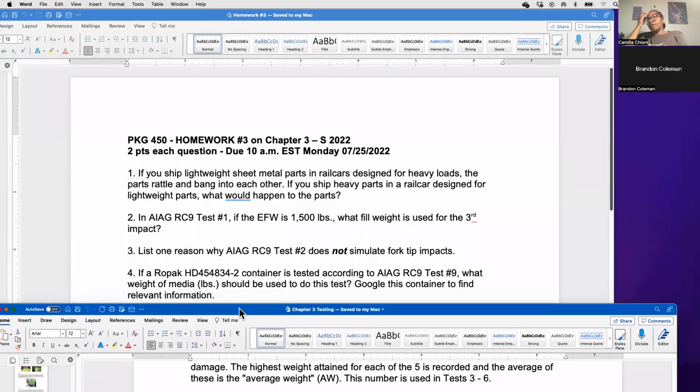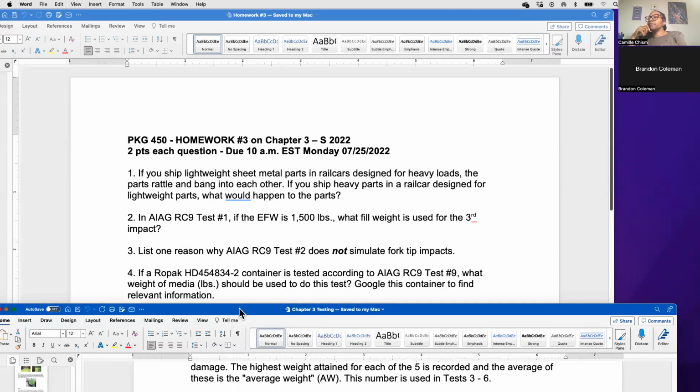Okay. Number 4, if the Ropac HD 45 48 34, which is 48 inches in length, 45 inches in depth, and 34 inches tall, which is when you'd stack 3 high in a trailer.